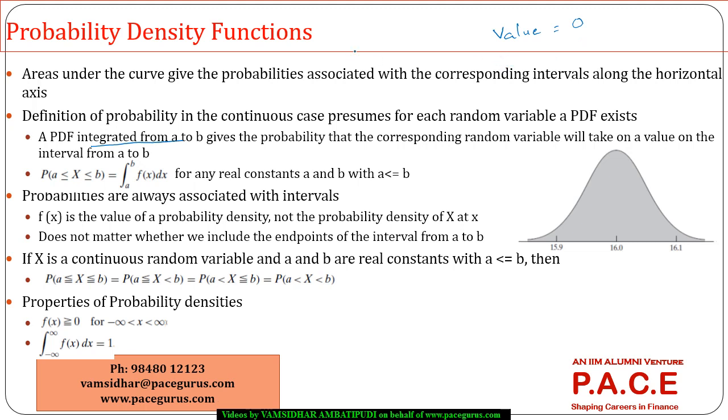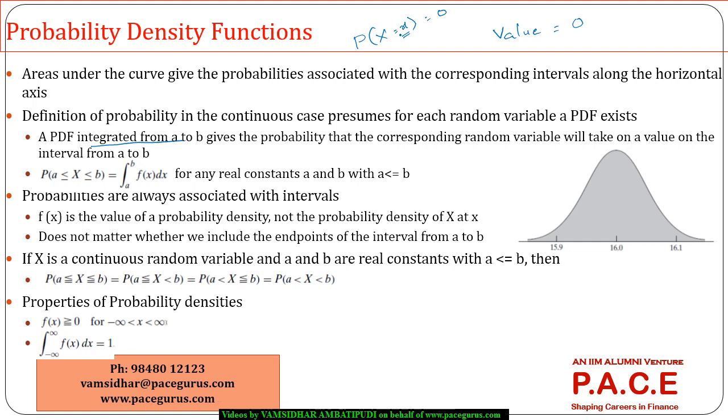Probability of x equal to a single value is always 0 because there are infinite possibilities, and I am talking about one single possibility. So the probability of a specific pointed value occurring is always 0.